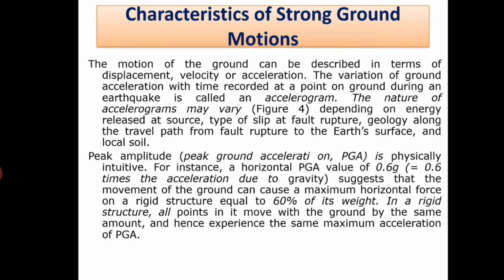Again, I repeat: the ground movement can cause a maximum horizontal force on a rigid structure equal to 60% of its weight. So here the building weight and its lumped mass are very effective during this earthquake phenomenon.